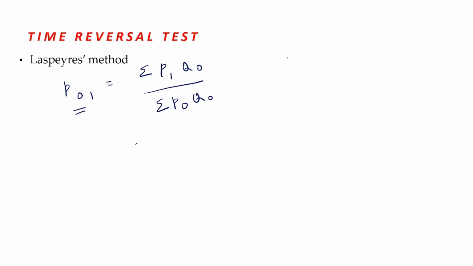Now if we want to write P10, this is the index for the period 0 with the current period as the base period. So this will be equal to summation P0 Q1 upon summation P1 Q1, because here we are taking the current year as the base year, so we have to take Q1 here.